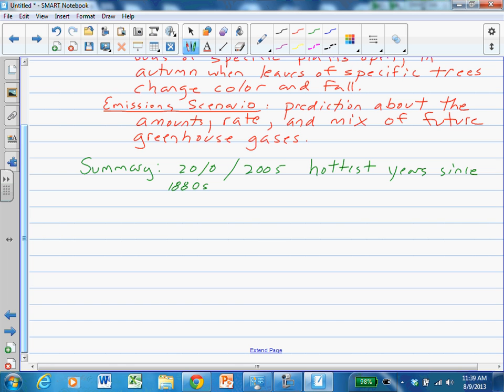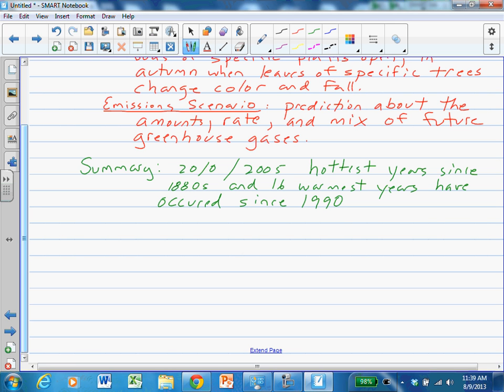And the 16 warmest years on record have occurred since 1990.